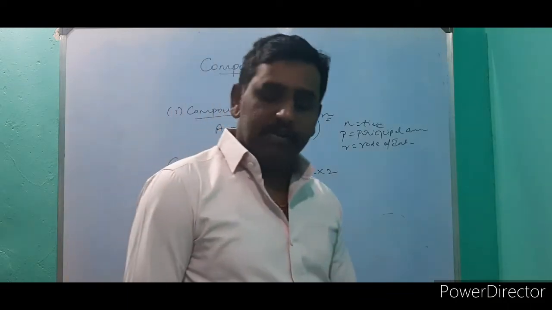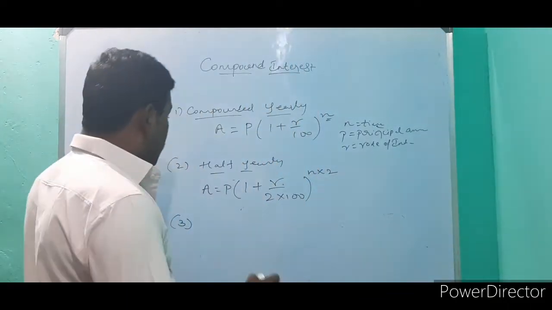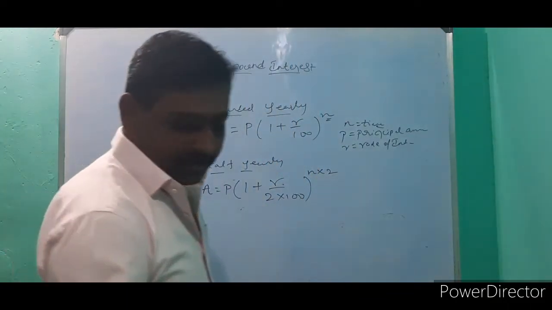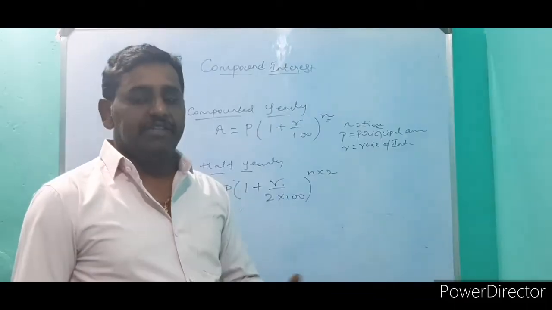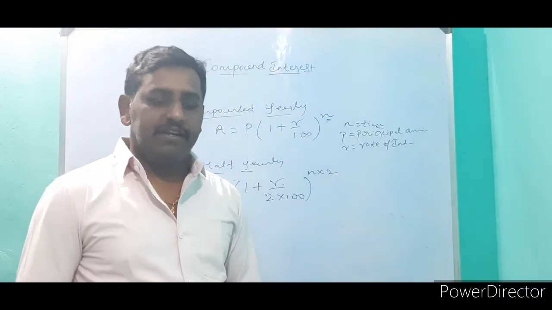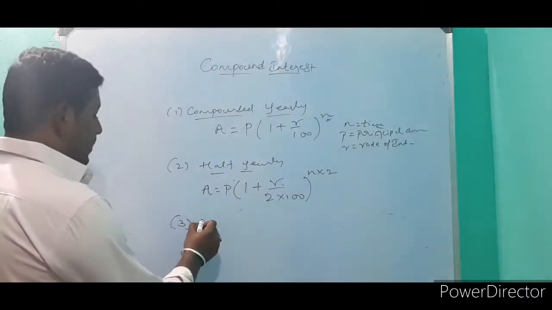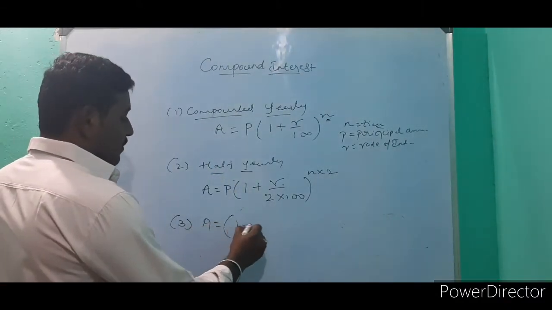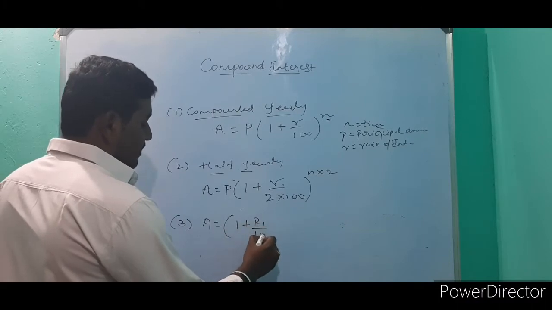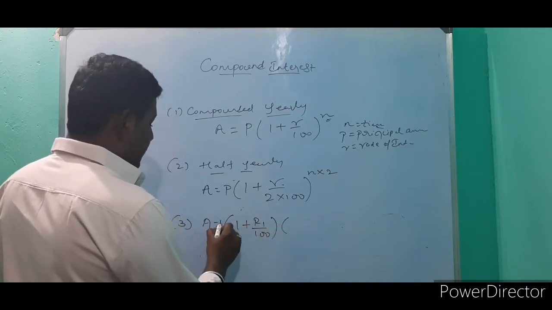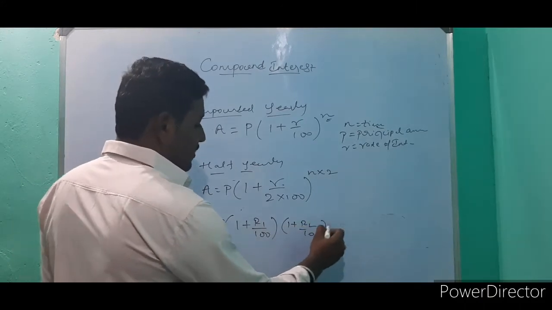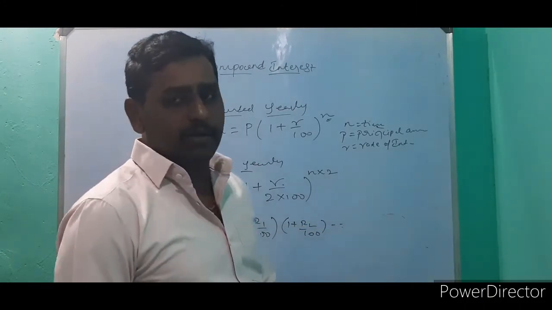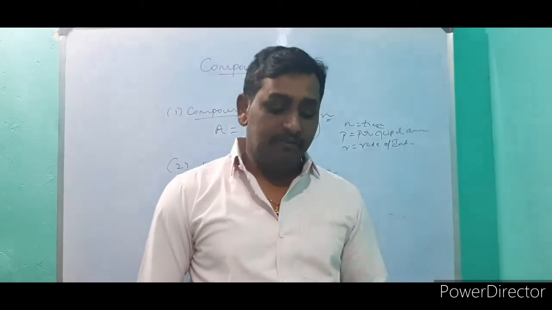Then, if they give 2 or 3 different rates of interest, that means the rate of interest for the first year is different and for the second year is different, how do we find the amount? A is equal to P into 1 plus R1 divided by 100, into 1 plus R2 divided by 100, and it goes on depending upon the number of years and rates of interest.